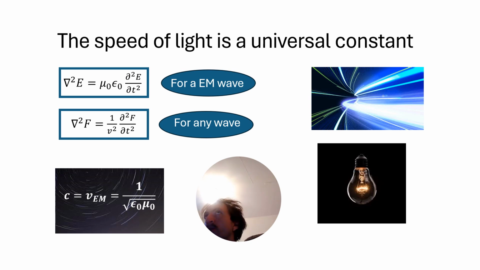Now, because mu naught and epsilon naught are constants, that is, they're agreed by all observers, it appears we have the speed of light in a vacuum, or in other words, the speed electromagnetic radiation can move through empty space, being a universally agreed upon value.